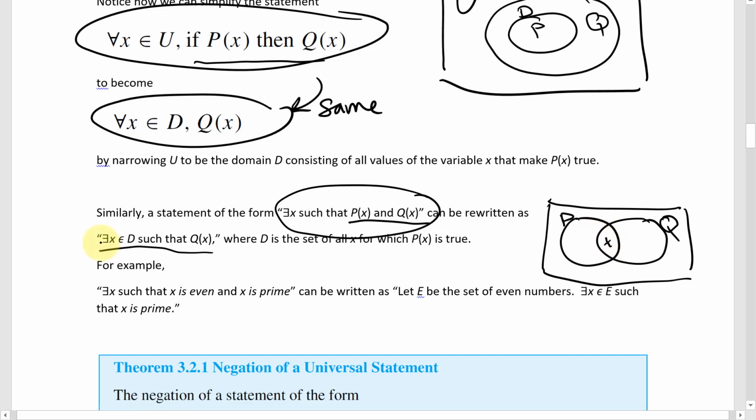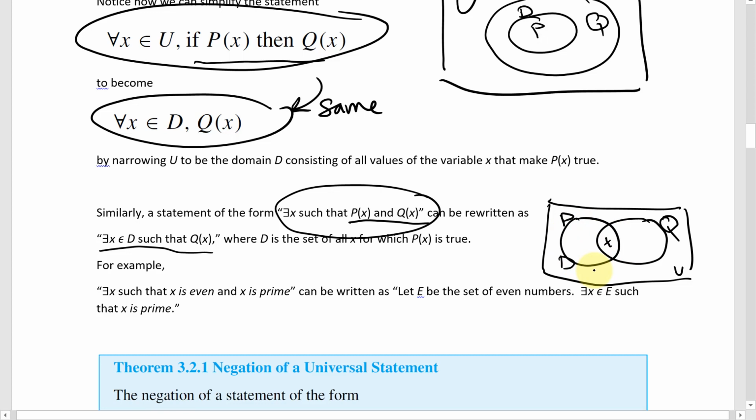Well, we could rewrite it to say that there exists x, an element of D such that Q of x is true, where D is just the set of all x's where P is true. So in other words, you could just rename this set D. So whereas the original statement said there exists some x in some larger universal set, instead of referring to the arbitrary or larger universal set, we just said some smaller subset D. I could say there exists some x element of the set D such that Q of x is true, where D is just those elements where P of x is true.